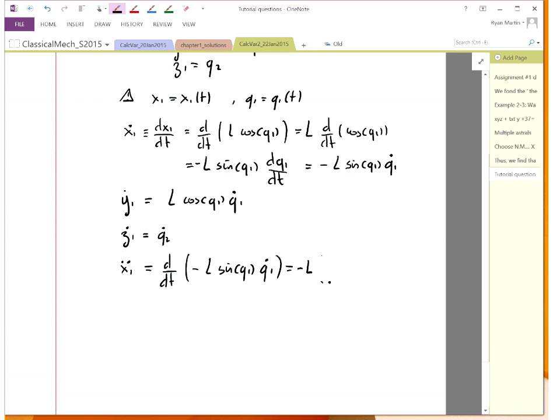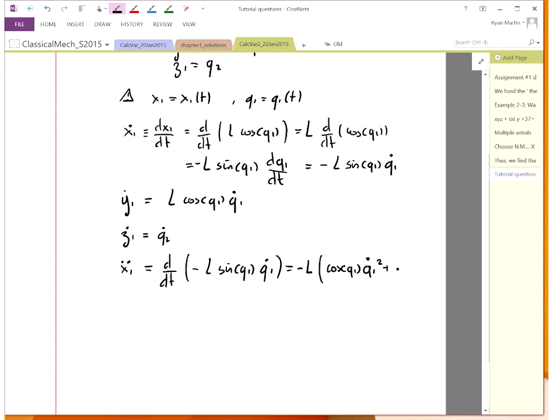So if I first take the derivative of sine q1, the derivative of sine q1 is cos q1 dot, right? d by dt of sine q1 is, from the chain rule, cos q1 dot, and then I have to multiply this by the q1 dot that I already have. So it's q1 dot squared.